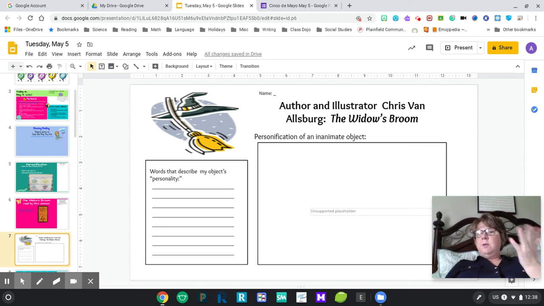And Mac, for you, could be your hockey stick or a baseball bat or anything like that. And you're going to list right here what words you want to describe your object with, okay? Now, I'm not sure if you can draw in this yet, but I'm going to figure that out. But then I want you to draw me a picture of it. And if you can't get it drawn in this picture frame here, just draw it on another piece of paper and send it to me so I can see it, okay?